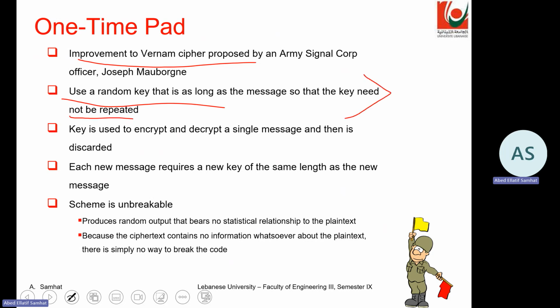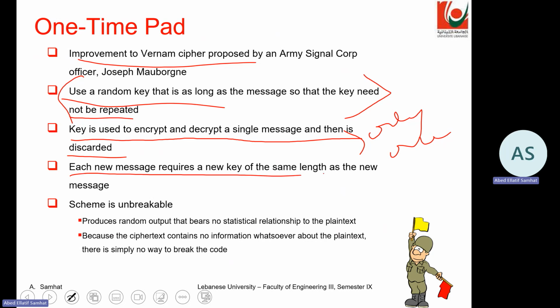Because you do not repeat the key, you are using a robust key, and the key is used to encrypt and decrypt a single message. So the key is used only once. You encrypt and decrypt, and each new message requires a new key of the same length as the new message.